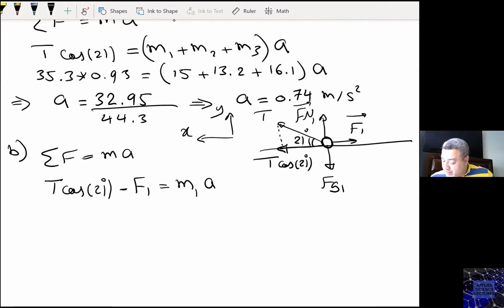So T cosine 21 is 32.95 minus F1, the one that we want to calculate, equals M1, which is 15 kilograms, times a, the one that we just found, 0.74.